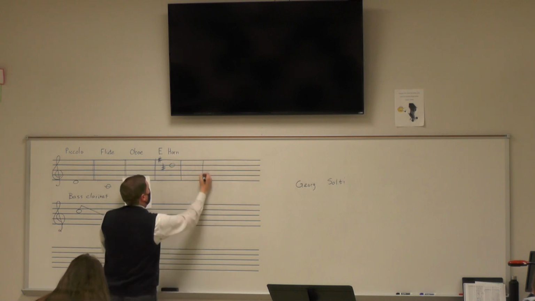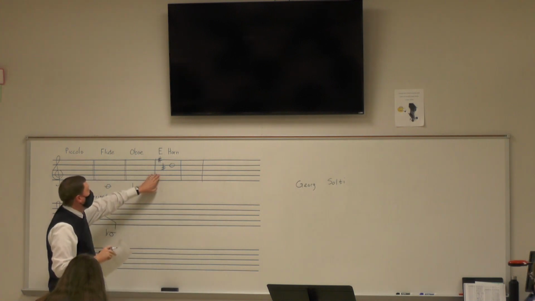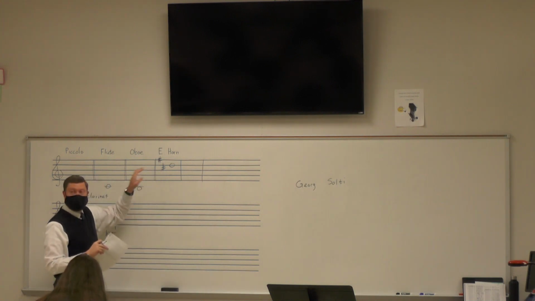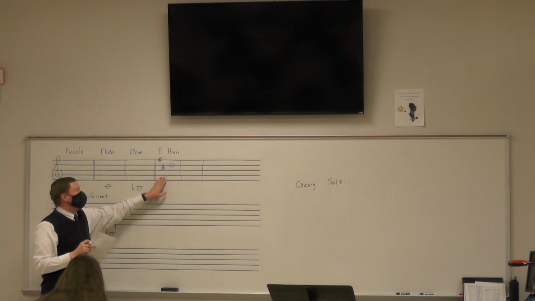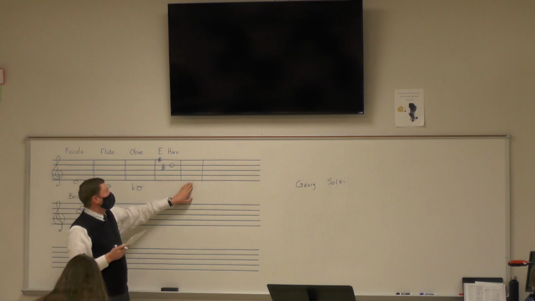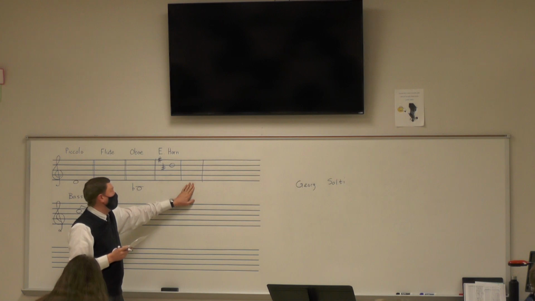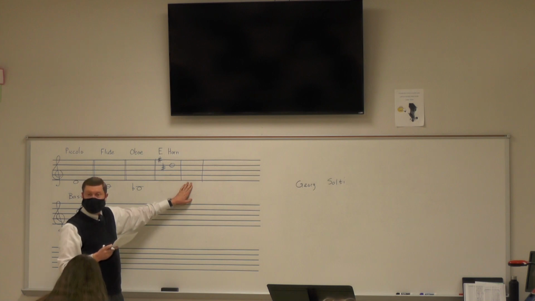Okay? So, here I have a written pitch for the English horn. Let's say that this is in a major key. I need to know, first of all, what pitch is going to come out of the horn because of its transposition. And I need to know what the concert key, or the actual sounding key, is going to be.